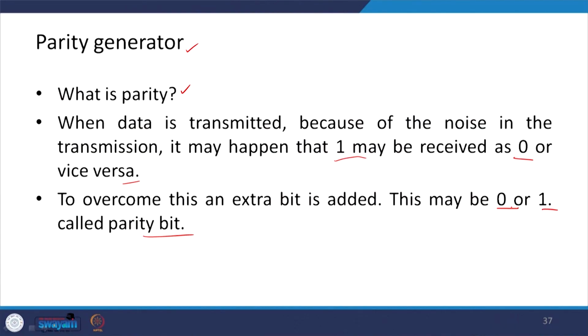Then, by adding it, we count how many ones there were on the input side and whether the same number of ones are there on the output side or not, okay. So, that is how we ensure that the same data has been transmitted.